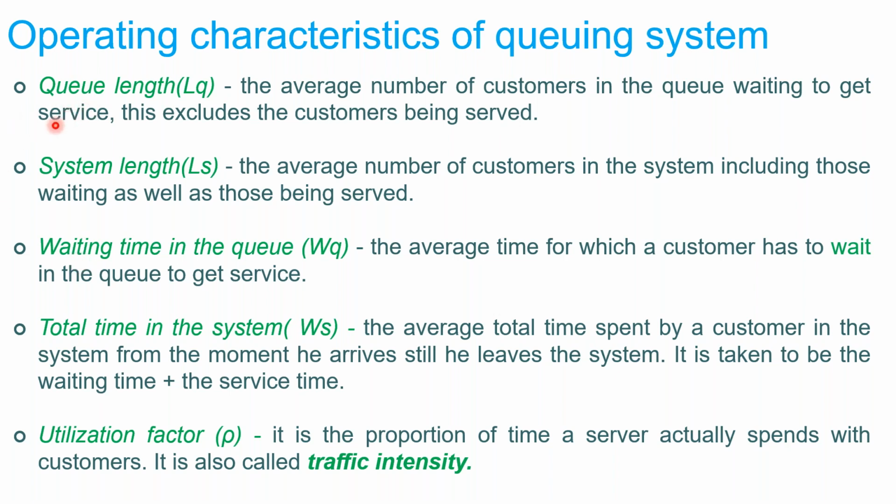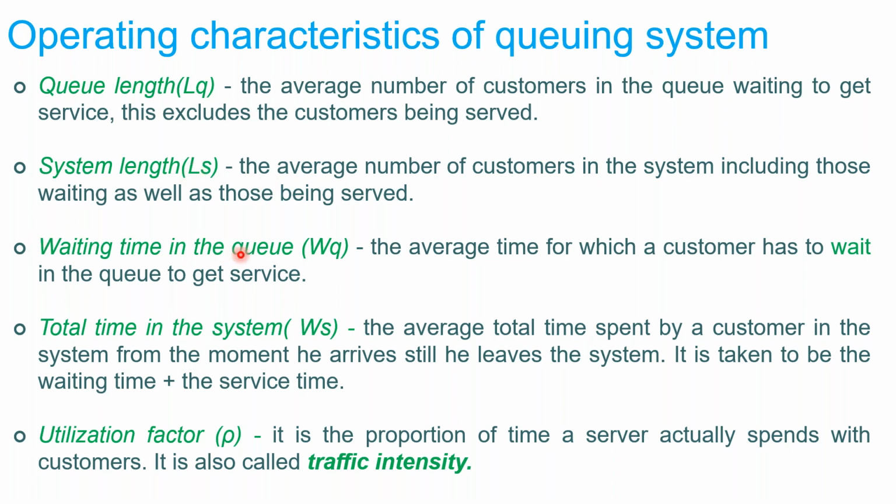Then the customer arrives at the service channel and gets served by the server. Now, the server takes some time for the services that are to be provided to that particular customer. So during the service, some more time is spent by the customer.